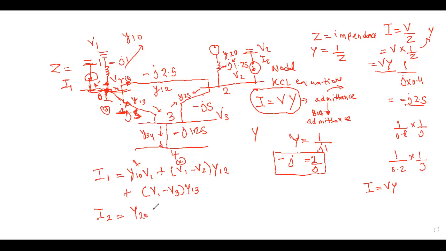Then plus V2 minus V1 into Y12, which is Y21.